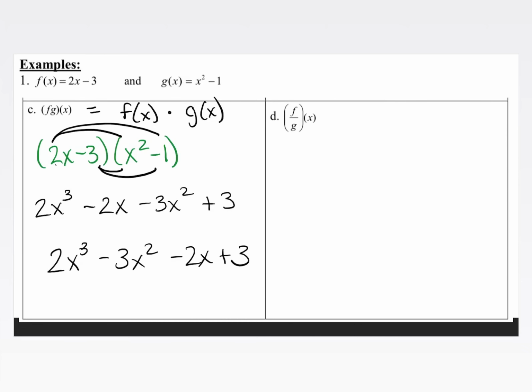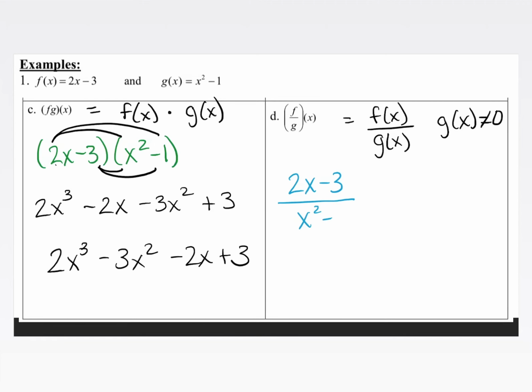Last but not least, we have division here. So this is the same thing as f of x divided by g of x, of course, where g of x cannot equal 0 because we never want to divide by 0 or have that in our denominator. If we were to set this up, we would get 2x minus 3 over x squared minus 1.